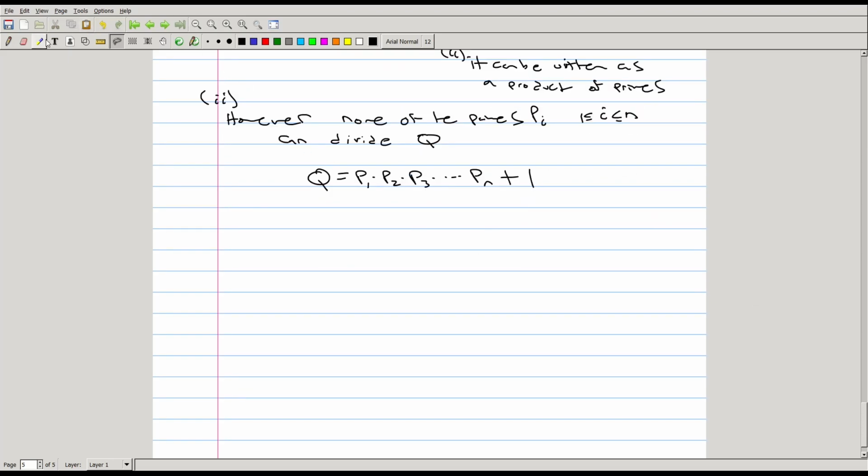Therefore, there is a new prime P star that must divide Q, so be a prime factor of Q, or be Q itself.